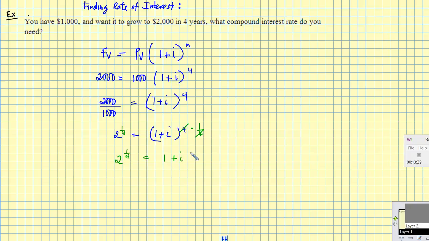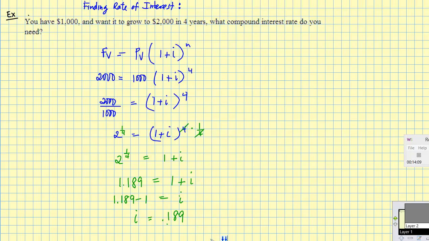And when I calculate 2 raised to the power of 1/4, I end up getting that my answer is 1.189 is equal to 1 plus I. So when I subtract the 1 and bring it to the other side, 1.189 minus 1 equals I, I get that I is equal to 0.189.